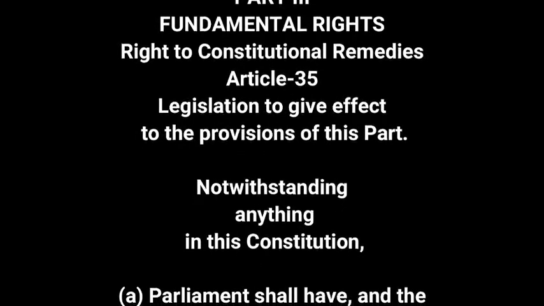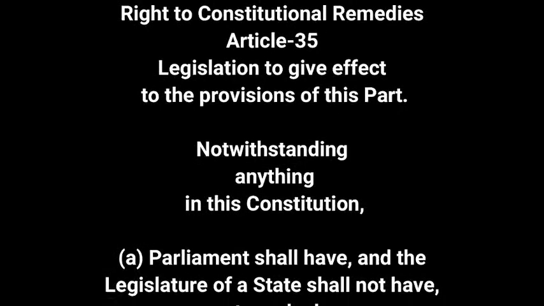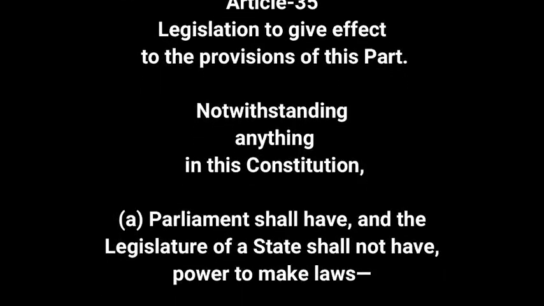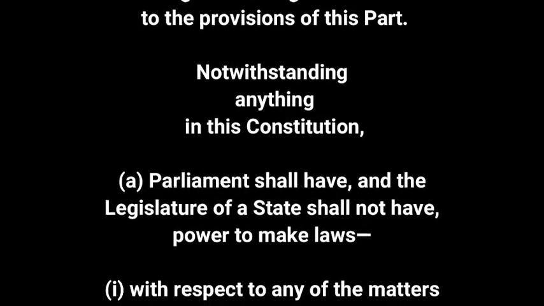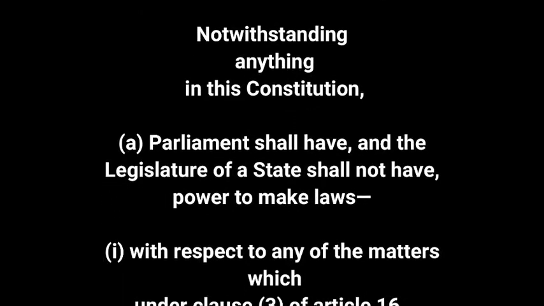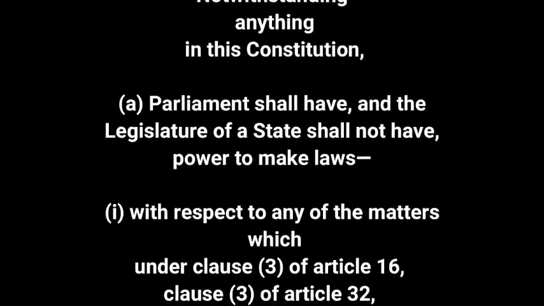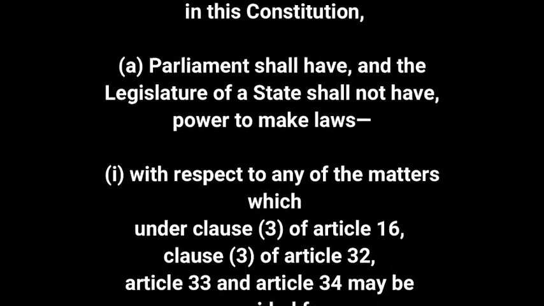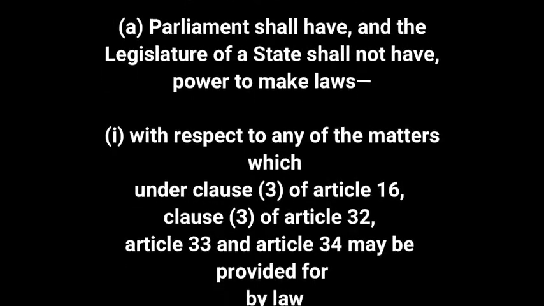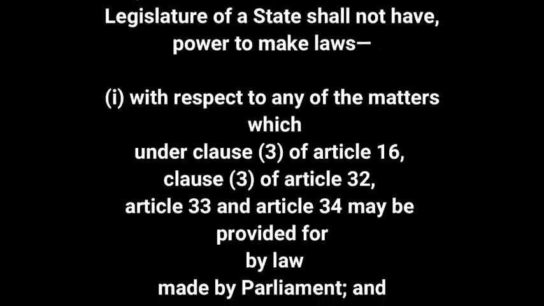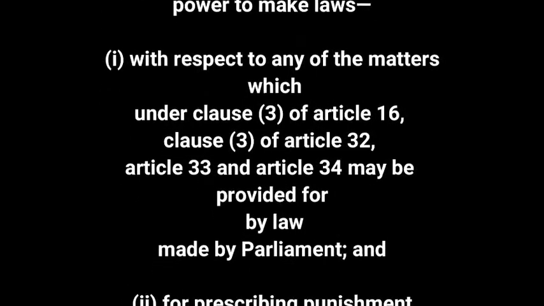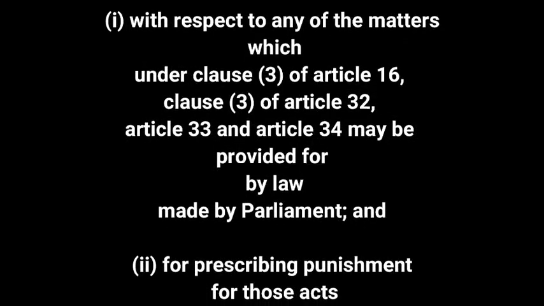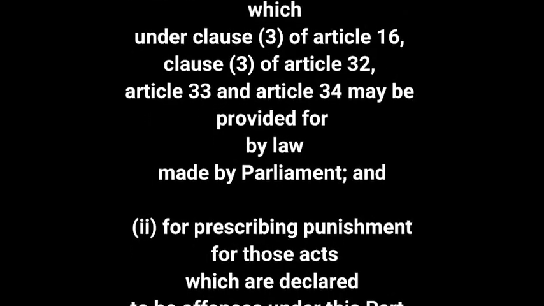Notwithstanding anything in this Constitution, Parliament shall have, and the legislature of a state shall not have, power to make laws with respect to any of the matters which, under Clause 3 of Article 16, Clause 3 of Article 32, Article 33 and Article 34, may be provided for by law made by Parliament, and for prescribing punishment for those acts which are declared to be offences under this part.